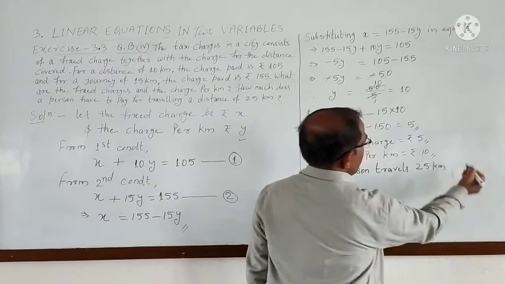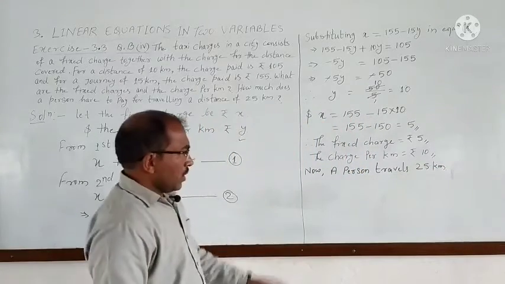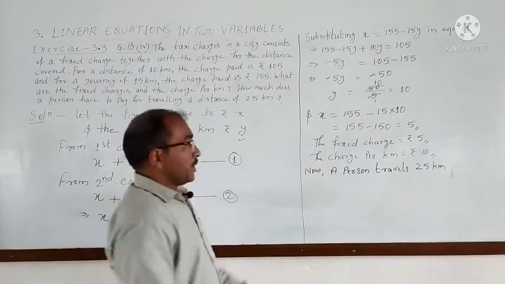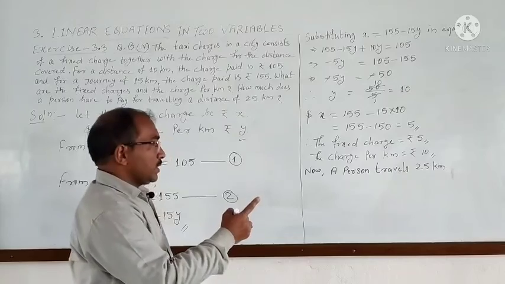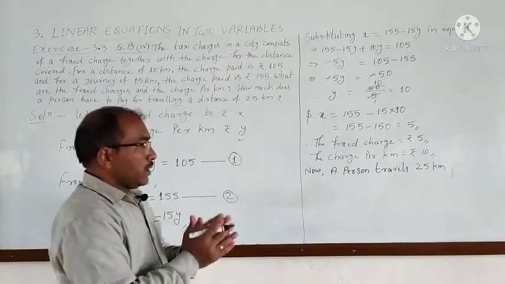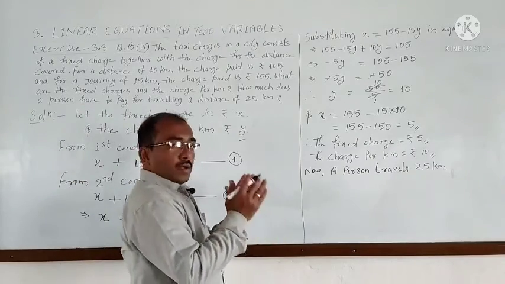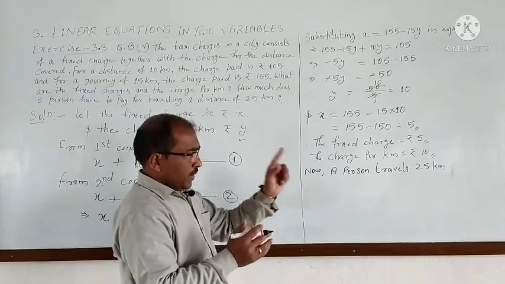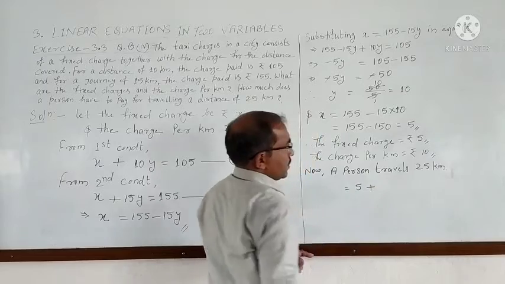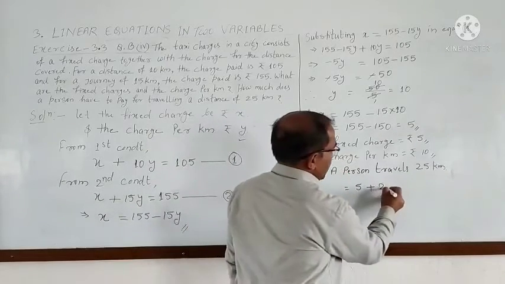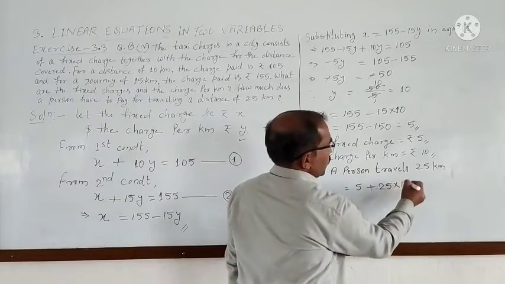So how much money will he pay to the taxi driver? The person travels 25 kilometers, that means the distance he is going is 25 kilometers. How will he pay? He will pay 5 rupees fixed charge plus, for 25 kilometers, 10 rupees per kilometer fare.